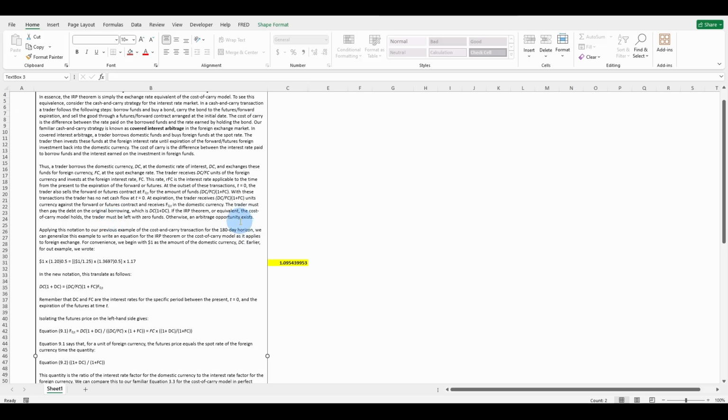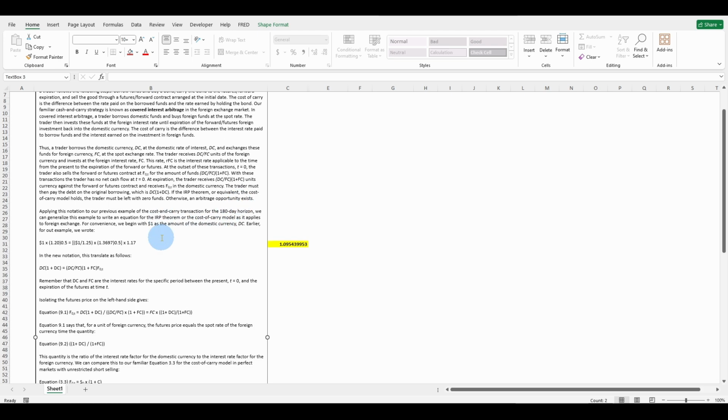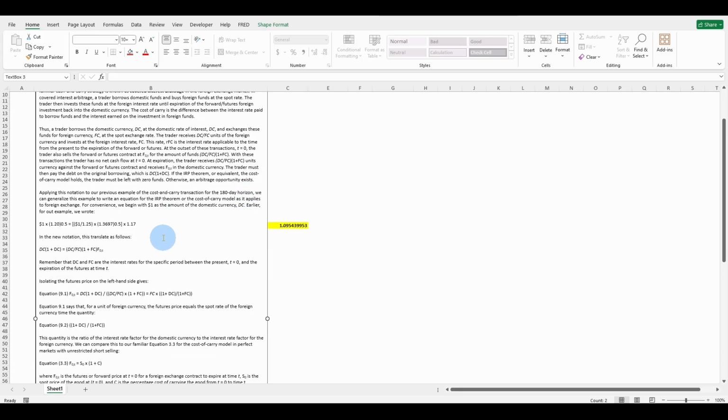Applying this notation to our previous examples of the cost of carry transaction, with a 180-day horizon, we can generalize the example to write an equation for the IRP theorem, or the cost of carry model as it applies to foreign exchange. For convenience, we begin with $1 as the amount of the domestic currency, DC.